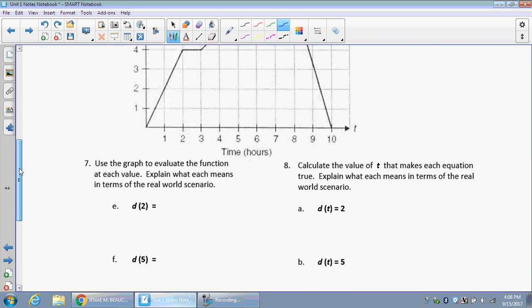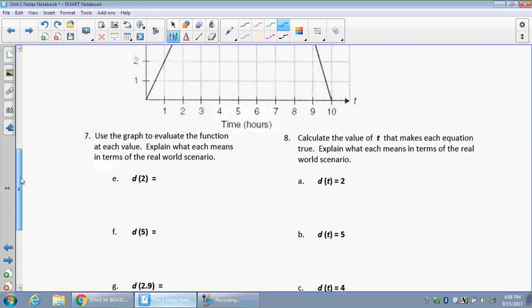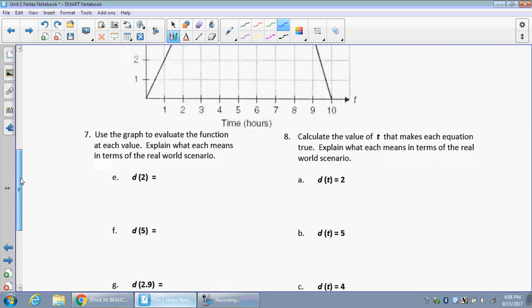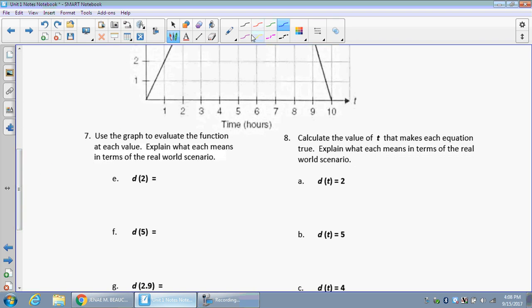Let's see what we're asked to do. Number 7 says, use the graph to evaluate the function at each value. Explain what each means in terms of the real-world scenario. My first thought is it says d of 2. So we're saying x equals 2. What's y? D of 2.